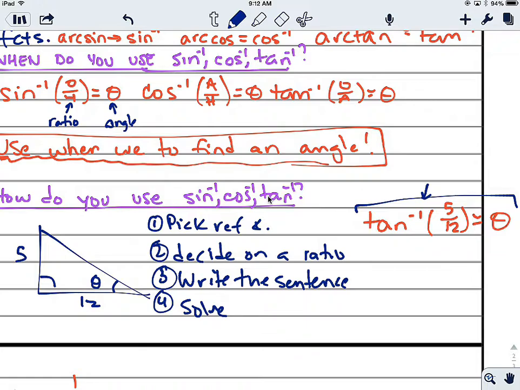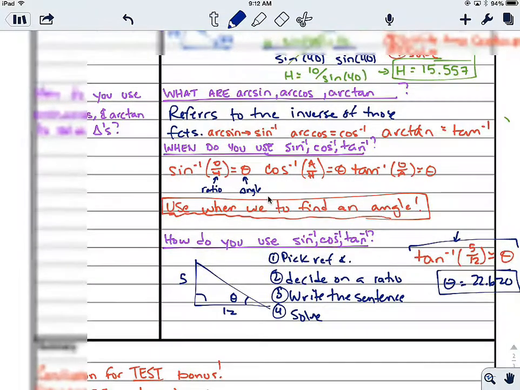Okay, so the angle that I have here is 22.620, rounded off. Not too bad.